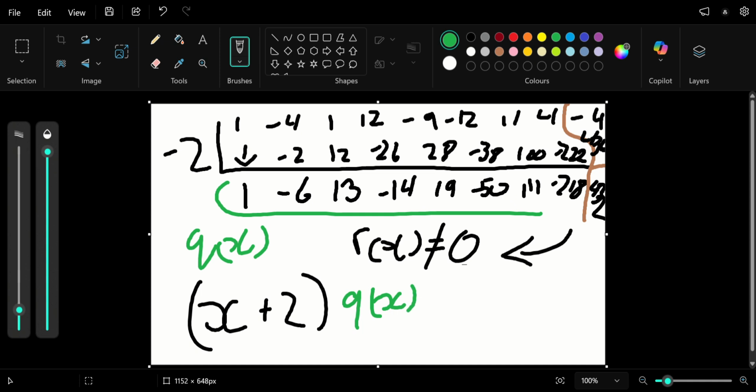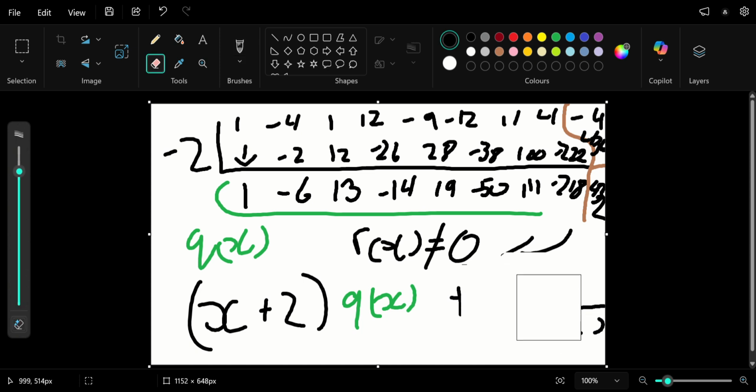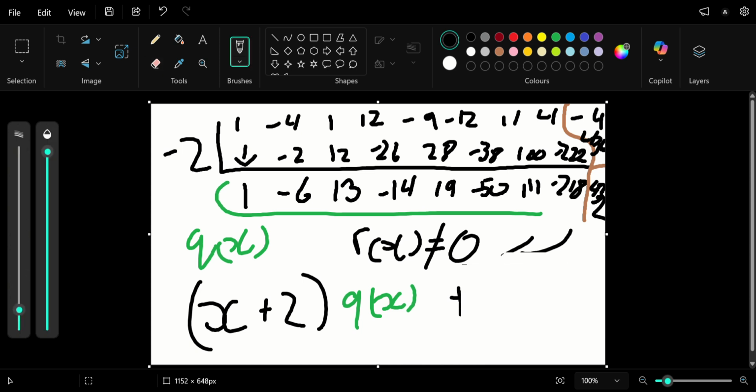I'm just going to write it as q of x and leave it there, plus our remainder all over our original factor. So in this case, we would simply have 432 over x plus 2 as our remainder.